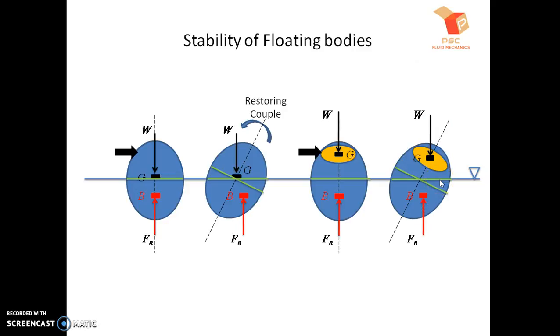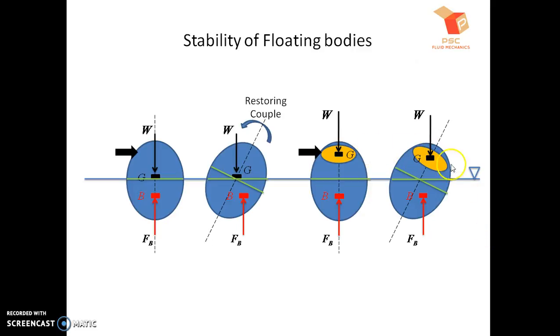Now if we identify the weight acting through the center of gravity in the downward direction and the buoyant force acting through the center of buoyancy in the upward direction, they have different lines of action, and such lines of action will cause an overturning couple. So the couple or moment in the clockwise direction will overturn the body.